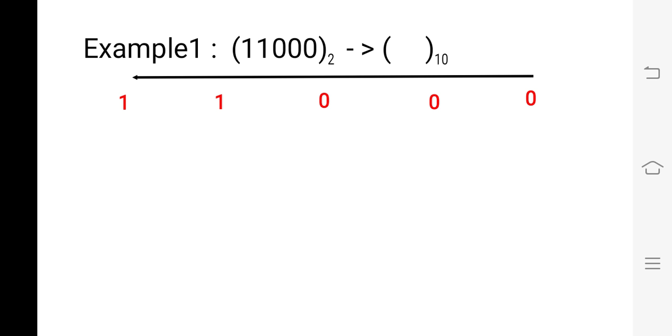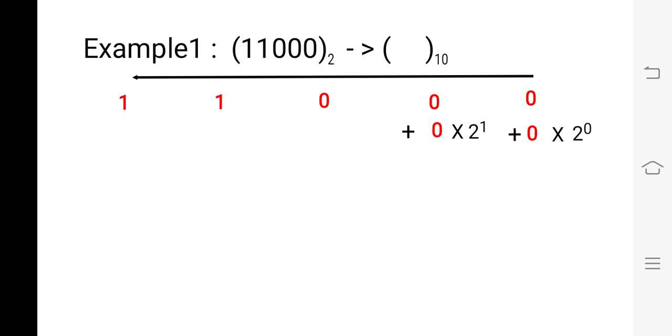Now we have to multiply each binary digit with its position value, and the position value is counted by powers of 2, because 2 is the base of the binary number system. The power starts from 0, 2's power 0. Now the power will increase as we move to the left side. So this time the power will increase from 0 plus 1, 1. So 2's power 1.